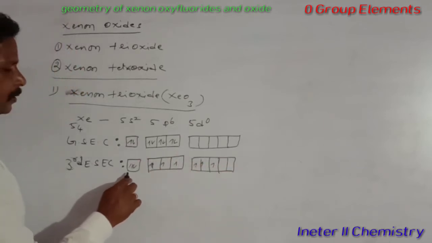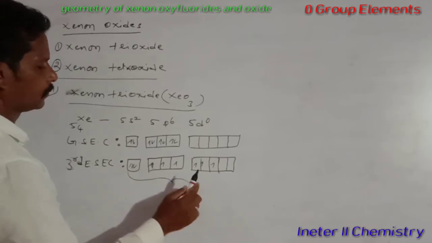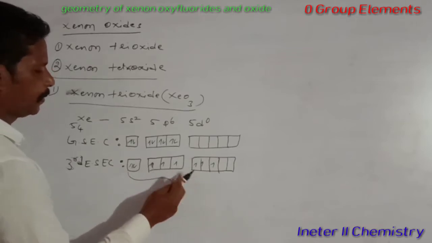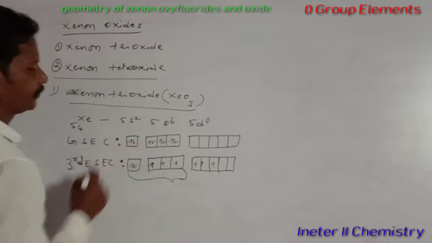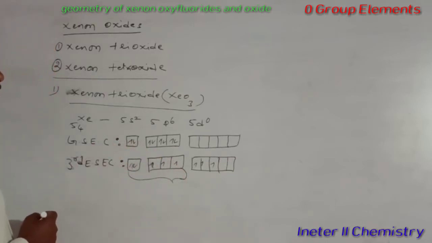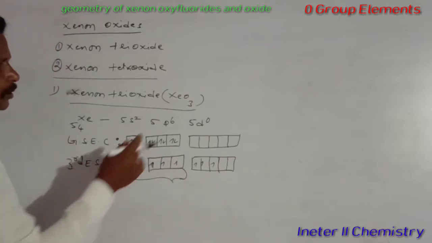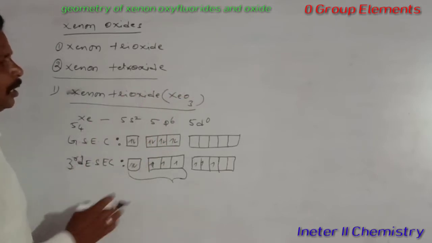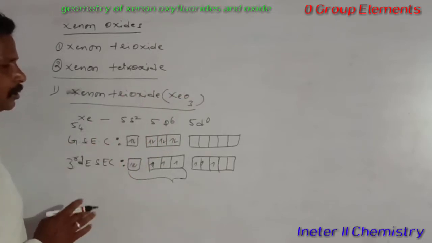So in this state xenon is undergoing sp3 hybridization only, because 3 oxygens are forming only 3 sigma bonds.